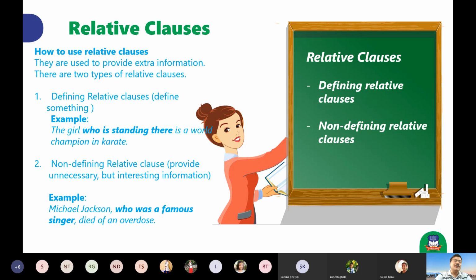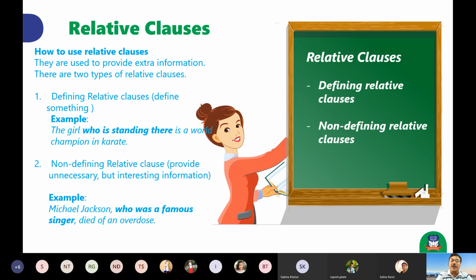Not a girl. Look, in the first sentence, first example, you don't find commas. Is there a comma after the girl? No. But in the second, after Michael Jackson, there is a comma. Did you notice? Who was a famous singer, again a comma there is, died of an overdose.